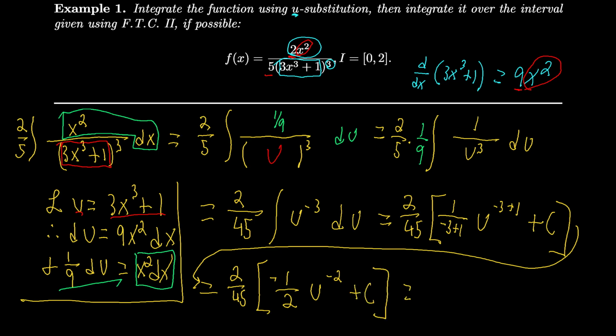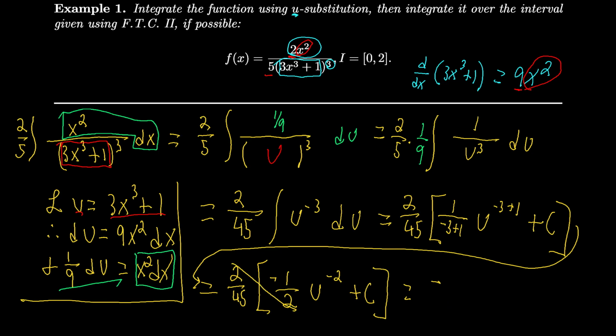And then all we have to do is distribute back through our 2/45. So this will be -1 times 2 is -2 over 45 times 2 is 90. Or you can just notice that there's a 2 on top and a 2 on the bottom, which is what I'm going to do, and save yourself a step.